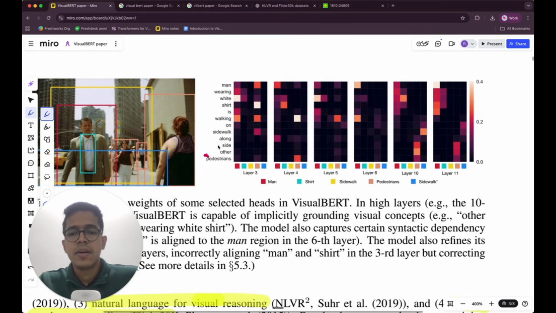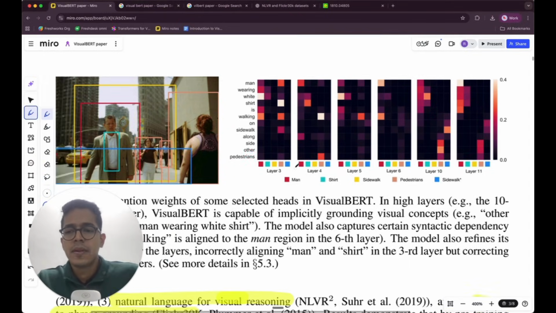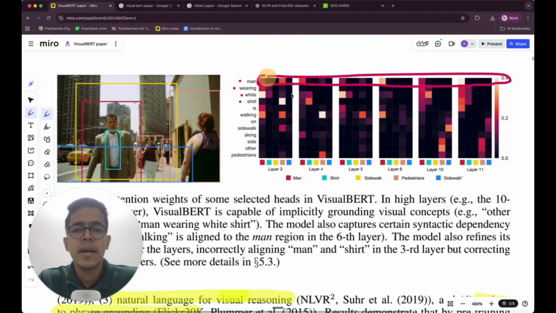Let me just zoom in somehow. So these are the words: man wearing white shirt, and so on. So what does this entire row represent? This entire row represents the word man. Okay.